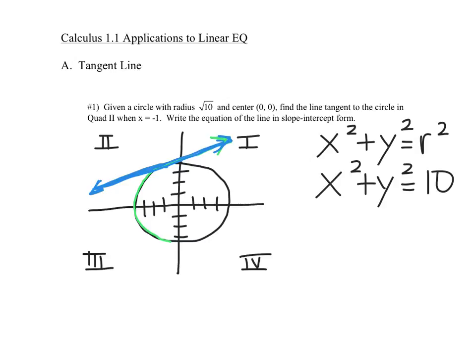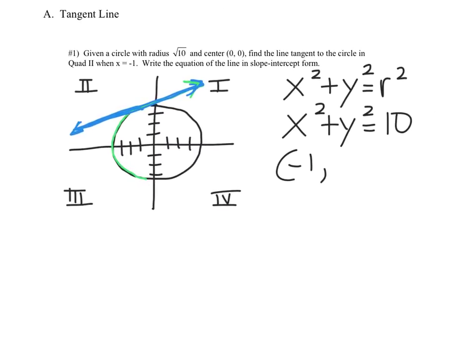We are told that x equals negative 1 is one half of the point that we need. It's one of the coordinates, but we need the whole thing, x and y. So let's plug in negative 1. Then we get 1 plus y squared equals 10.